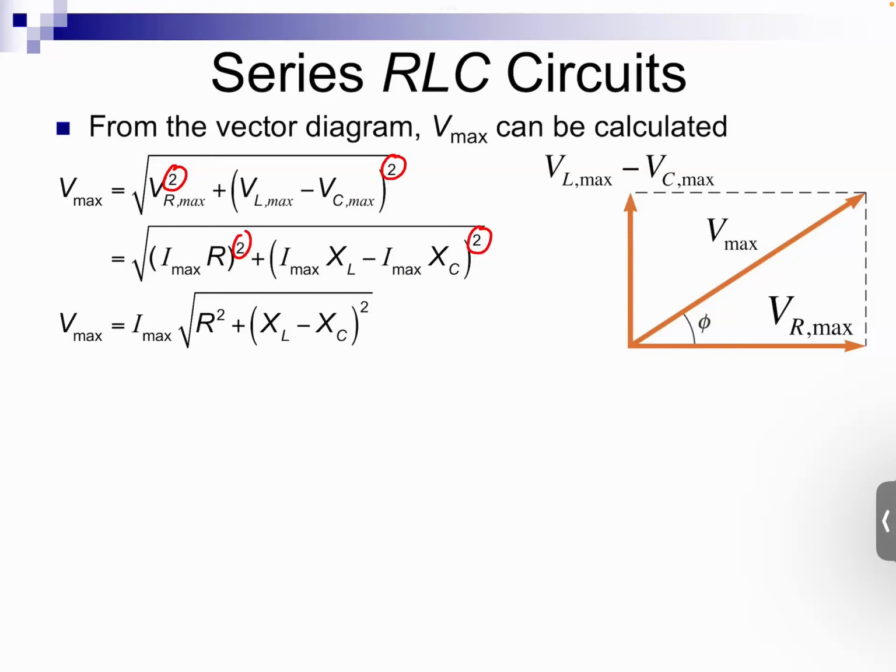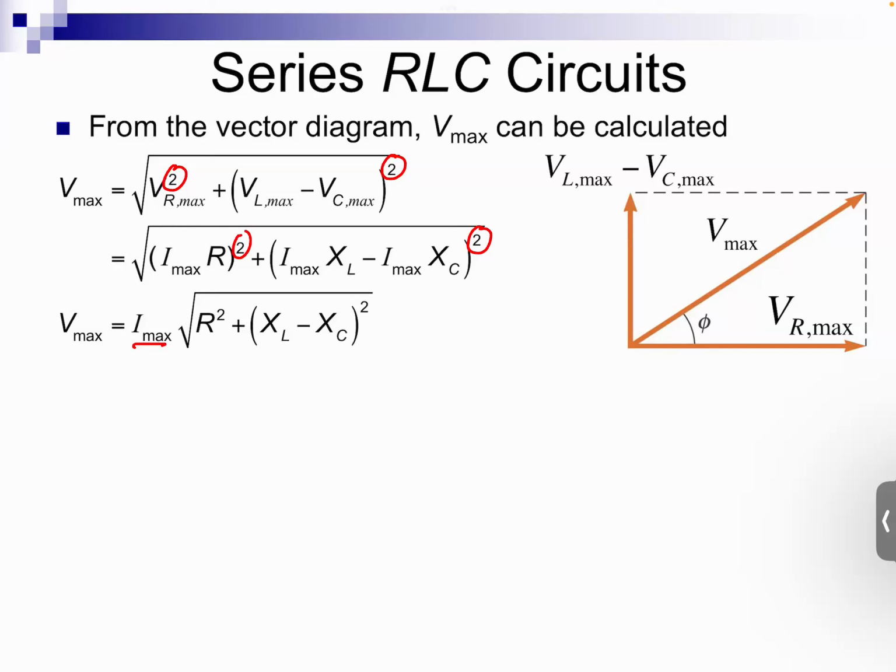They are all connected in series, so the currents are all the same. You have current in this term, current in this term, so you can factor out the current. You have current squared, take the square root of that, and hence you have the current being taken out of the square root.